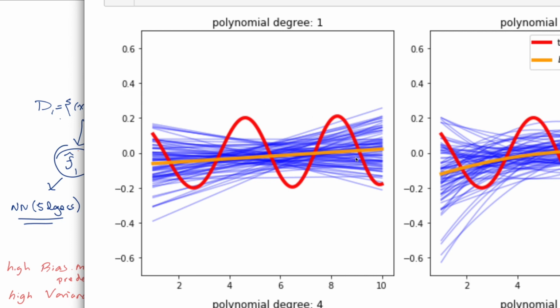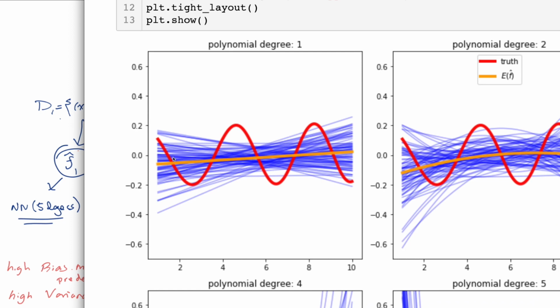And then the orange line is the mean value across the points on the range. So it's just the averaging of the blue models that gives us this orange line. And if I look at bias, I should look at the distance from the truth to the expected value and square it each time, right? So the distance is just these values here. The variance is going to be the variance across these models, the blue lines, okay?